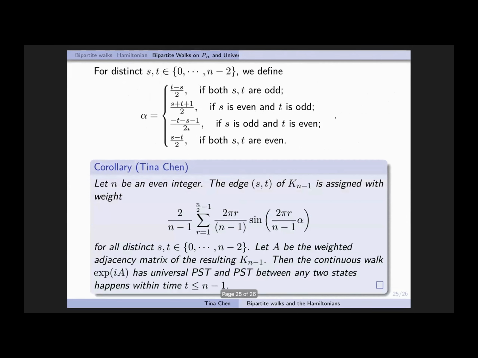And then I can give a formula for you to assign the weight of each arc of your Kn-1, and then the resulting Kn-1 will have universal perfect state transfer.